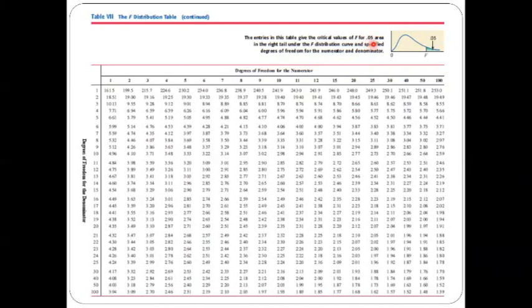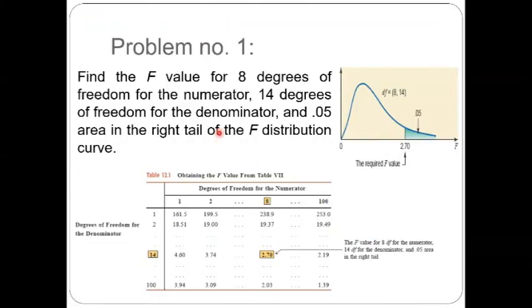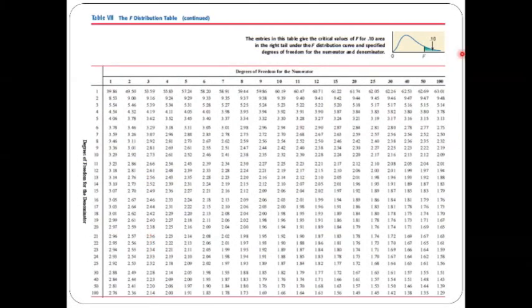So first is 0.01, next is 0.025, and then the 0.05 table. And the last table is for 0.10 critical values.